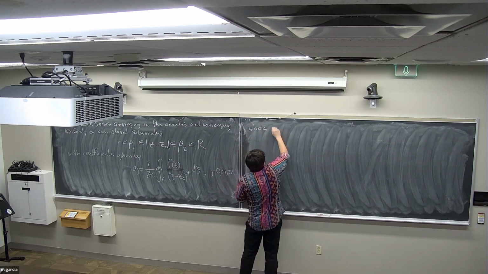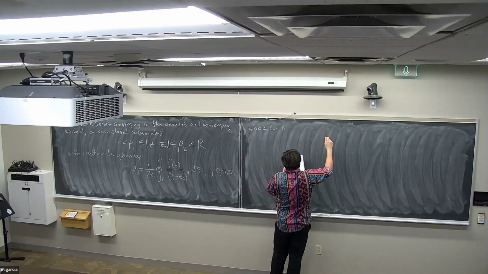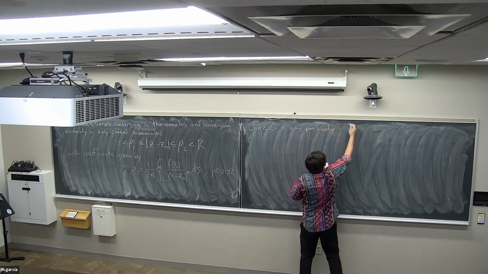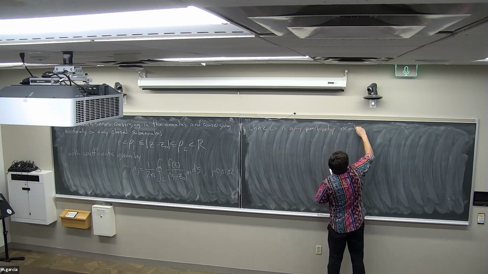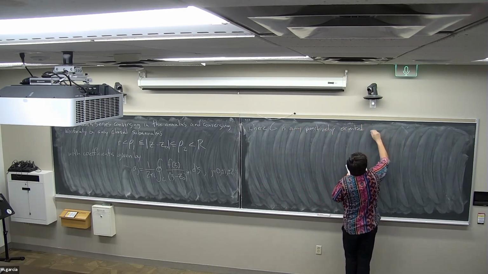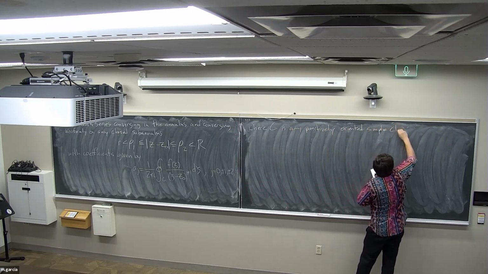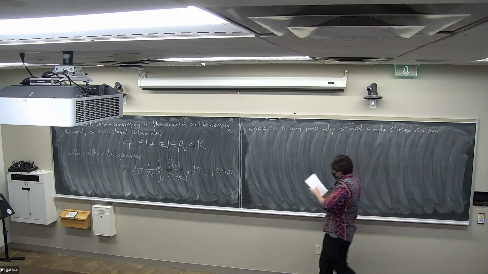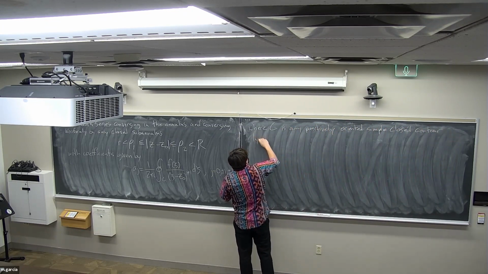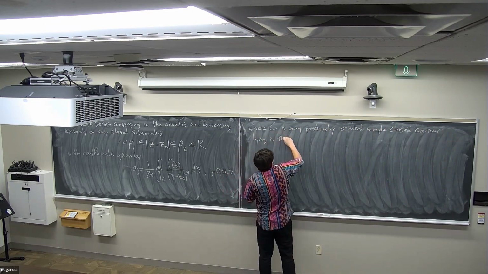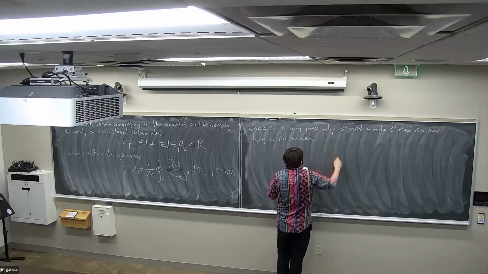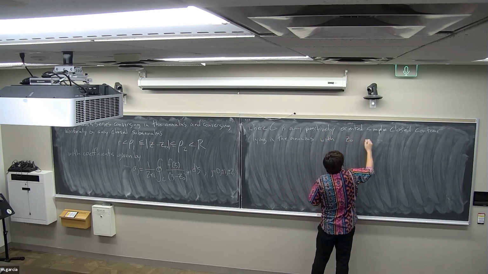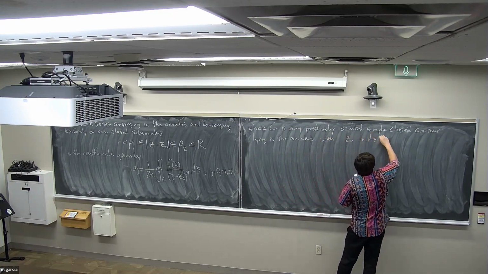Where C is any positively oriented simple closed contour lying in the annulus with z naught in its interior.